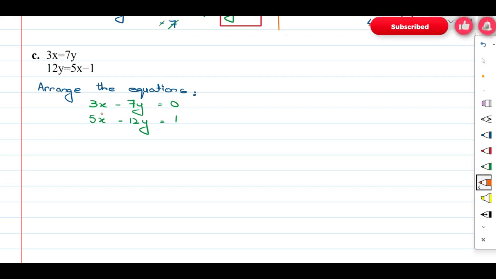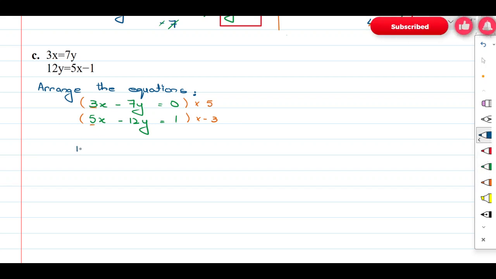So if I want to make the variable x the same, the first equation I'm going to multiply by 5, and the second equation I'm going to multiply by negative 3, the opposite coefficient. Because we have to make the value the same but opposite in sign, you can take minus 5 and positive 3, or positive 5 and negative 3, right? That's up to you.